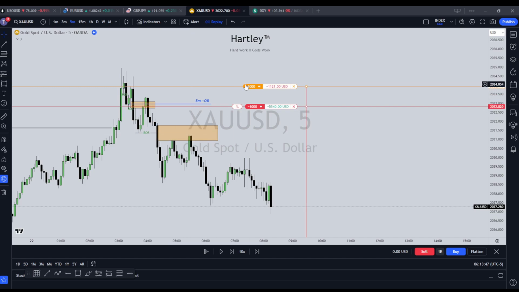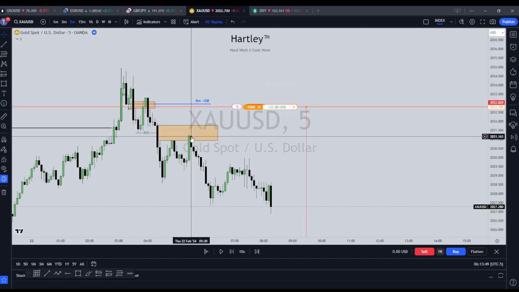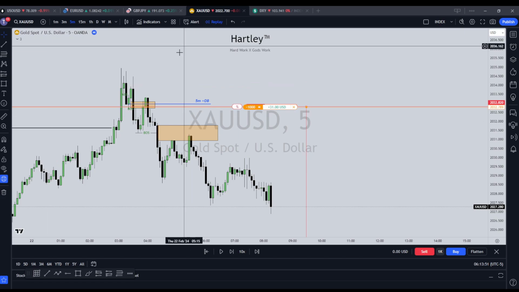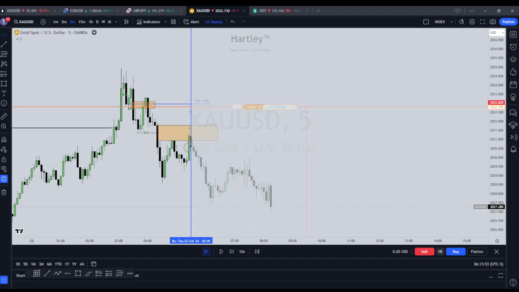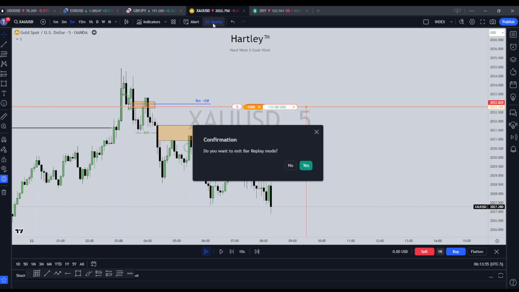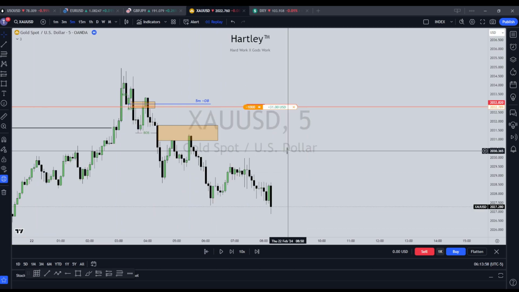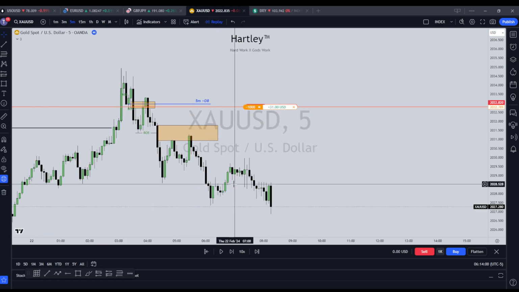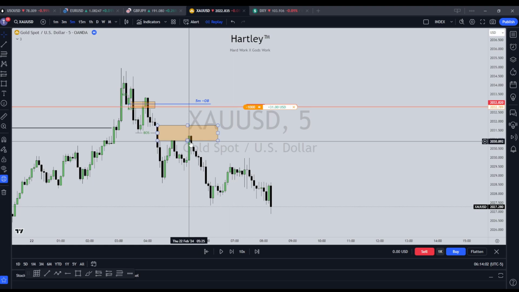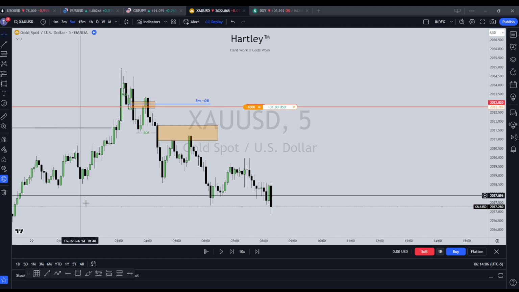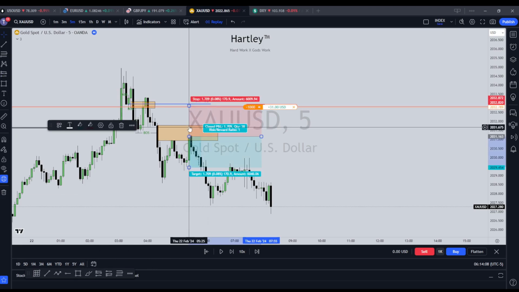You could even layer another position here if you wanted to. I'm actually going to do that. So actually, I'm not going to do that just because it's absolutely pointless. It makes no sense for me to add another backtesting position in. But you could layer another position in here, move the stop loss to break even. You could go short again.